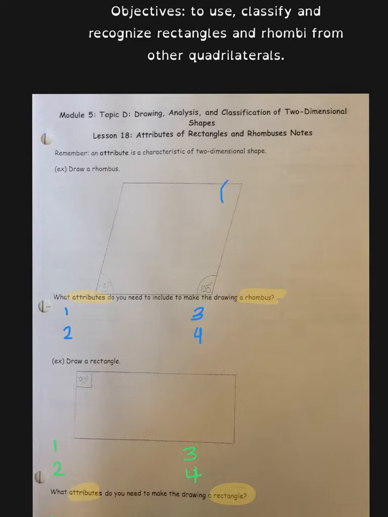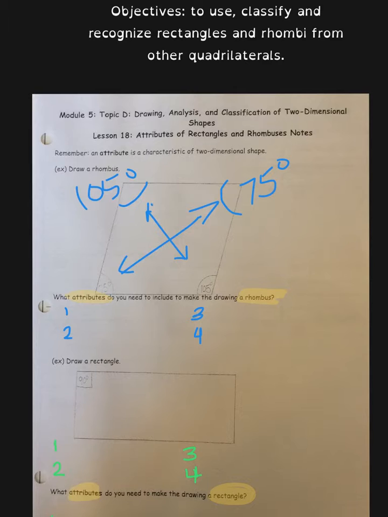So hopefully you said this angle is going to be 75 degrees because this angle is 75. Okay, which would mean that this angle is 105 because this angle is 105.